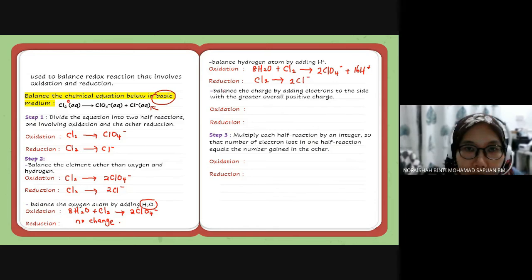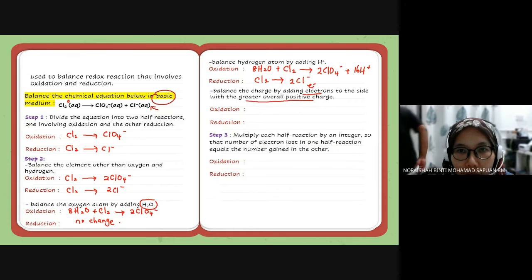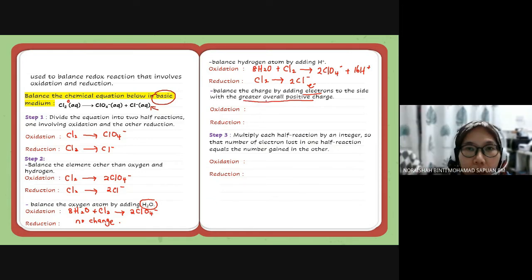So the next step is balance the charge by adding electron. Okay, by adding electron dekat side yang greater overall positive charge.